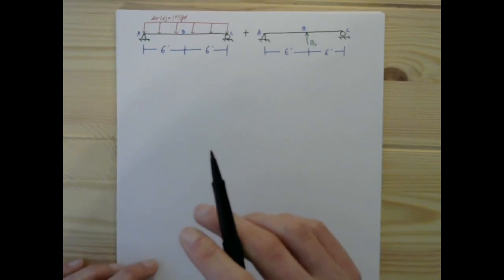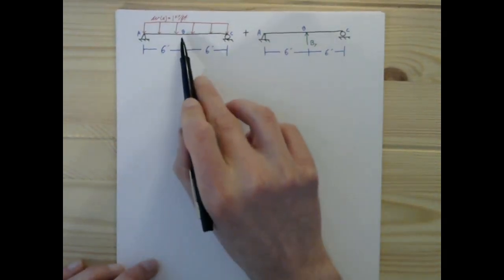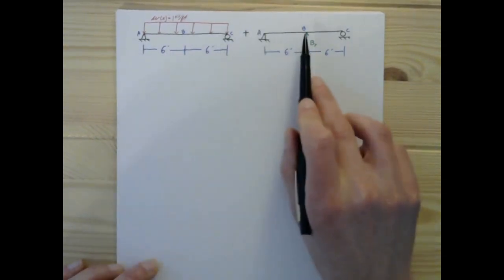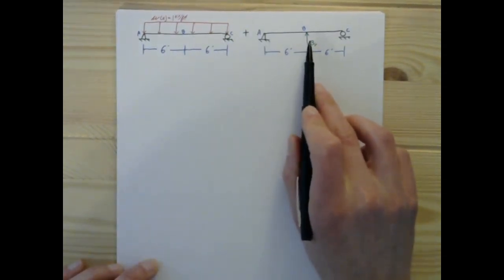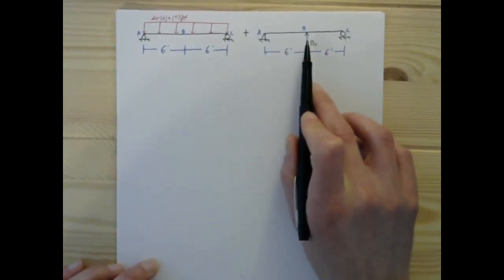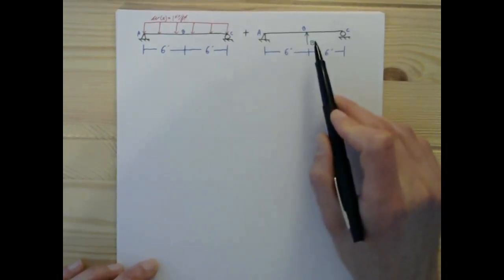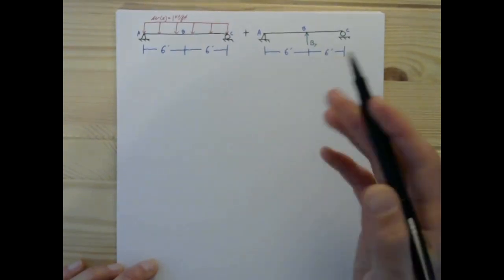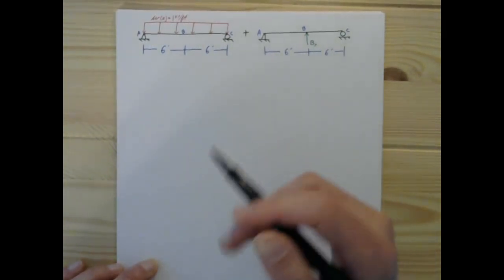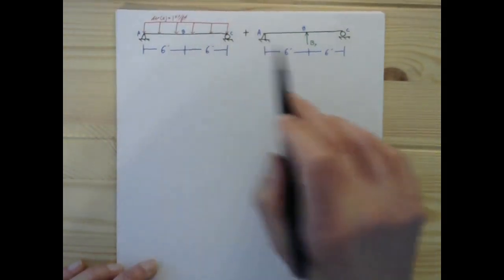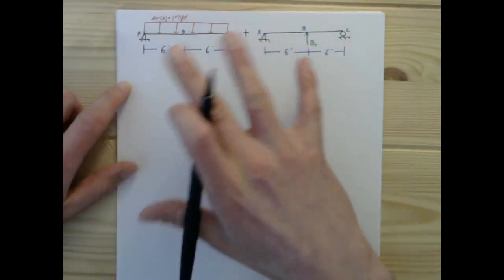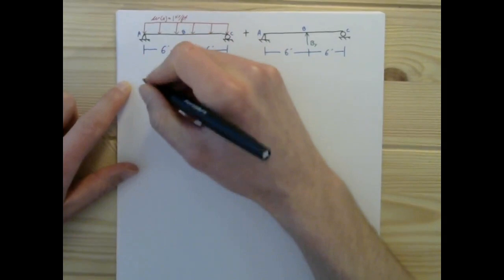We do need to consider the deformation at point B due to this distributed load completely separately from this deflection at point B from this load, and then at the end we'll set them together. We'll sum them together and apply the boundary condition that the deflection at point B is 0. So we do need to have two completely separate things here.